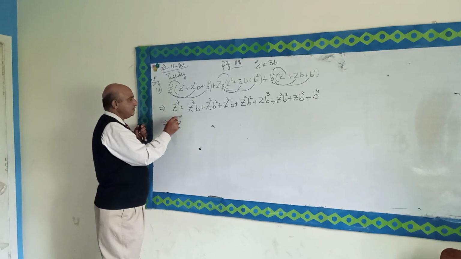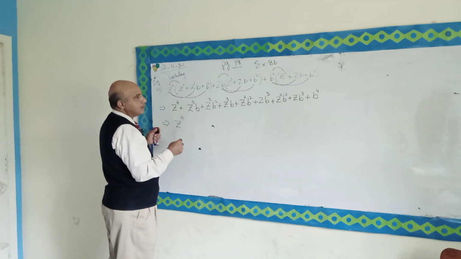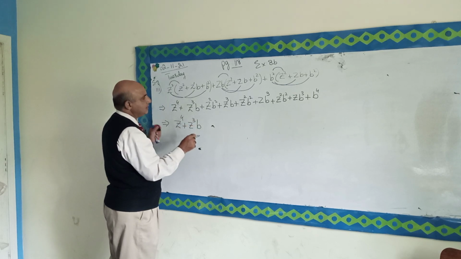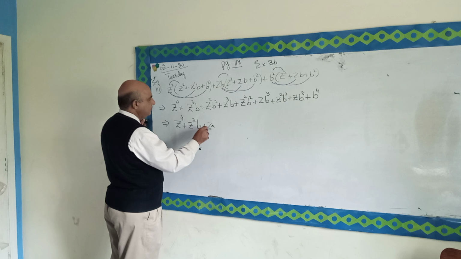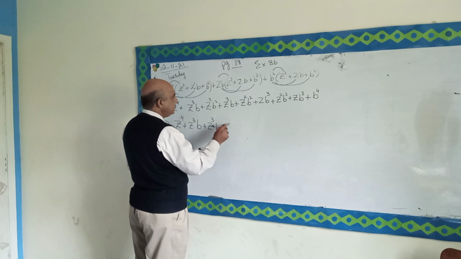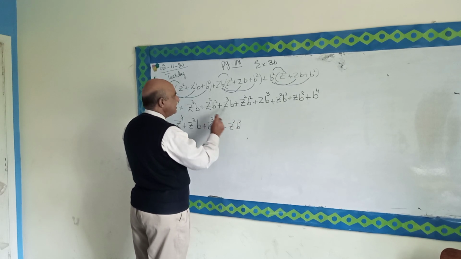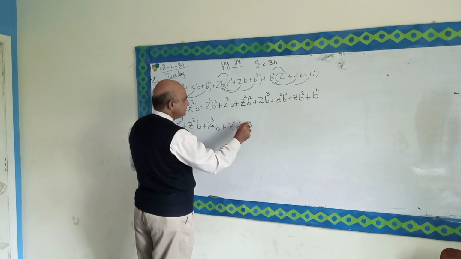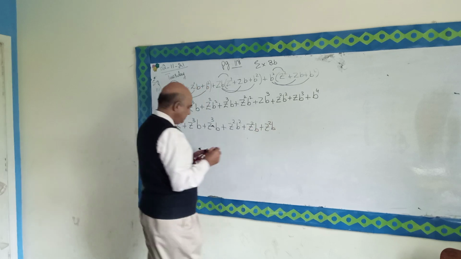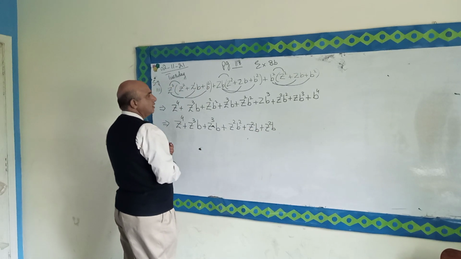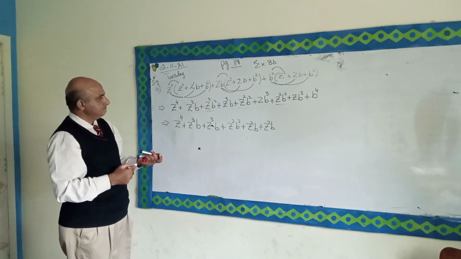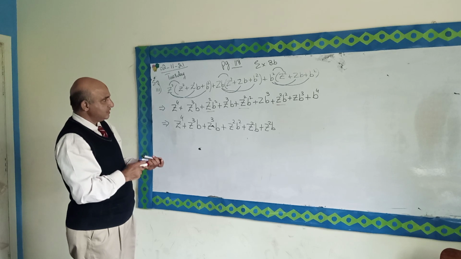First we write z power 4, then z power 3b, then z power 3b, then z square b square, again z square b square, and then again z square b square. That's 3 times z square b square.